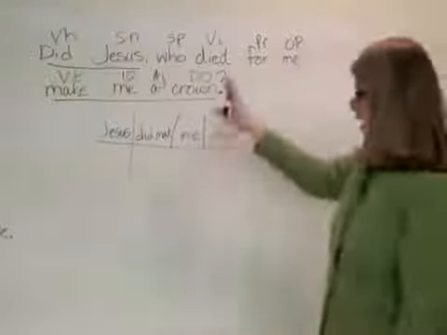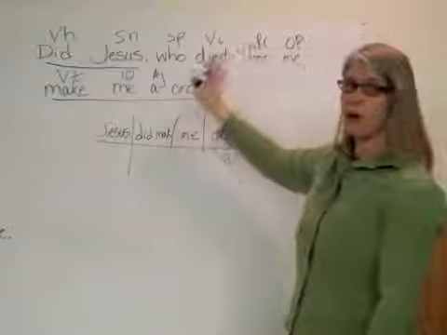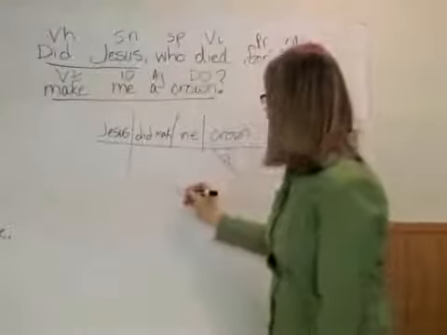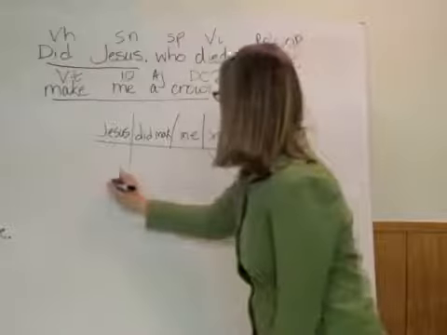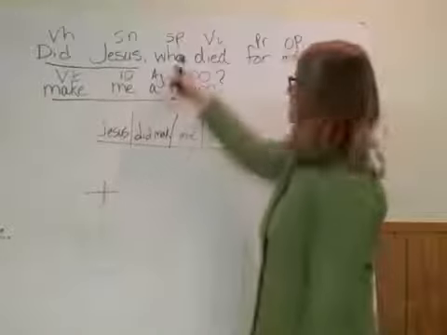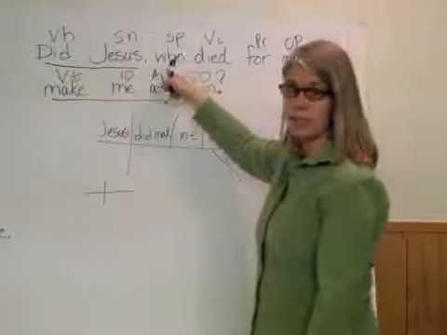Now, this is a complex sentence. Who died for me has its own pattern, a subject and a verb intransitive. So I know that is subject, verb intransitive. And I know that it's adjectival because it's answering which Jesus.